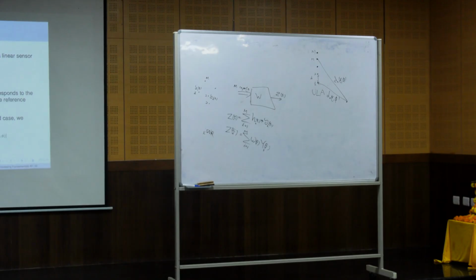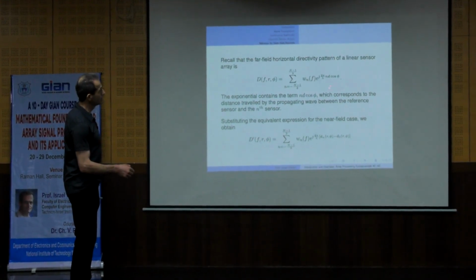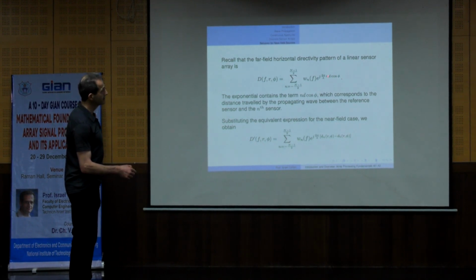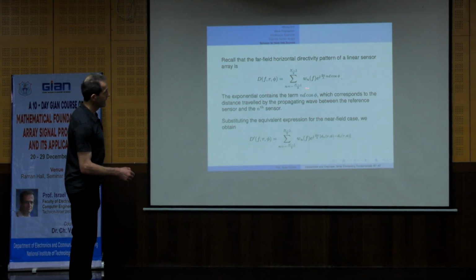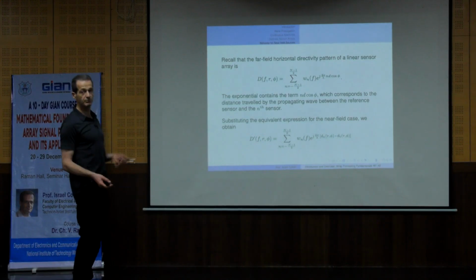And then we need to change this expression that we wrote for the directivity pattern. This expression was obtained when the distance between sensors is nd, okay, so the inter-element distance is d, and we have elements from minus (N minus 1) divided by 2 to (N minus 1) divided by 2. So we have N elements, and we assume that it's symmetric, but it doesn't have to be.